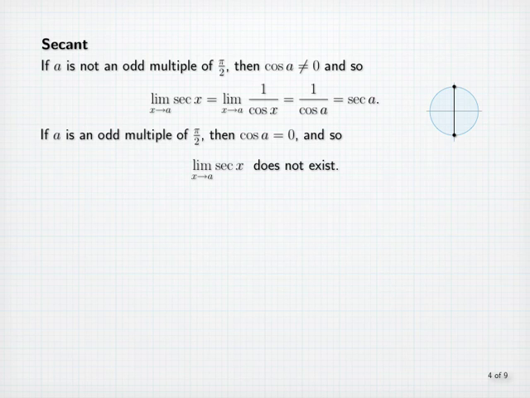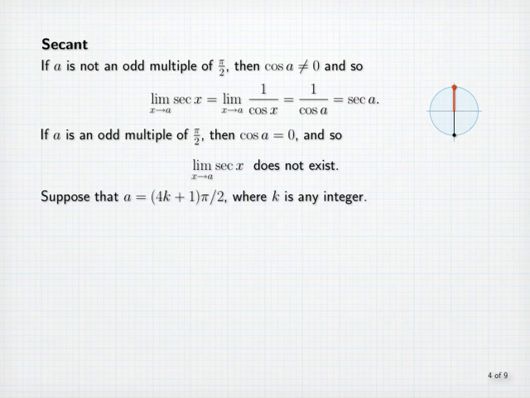Notice that if a is an odd multiple of pi over 2, then a corresponds to one of the points at the top or the bottom of the unit circle shown in the figure. So suppose that a corresponds to a point at the top of the unit circle. In other words, a has the form 4k plus 1 times pi over 2, where k is an integer.